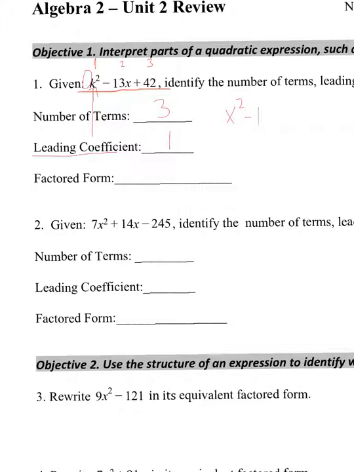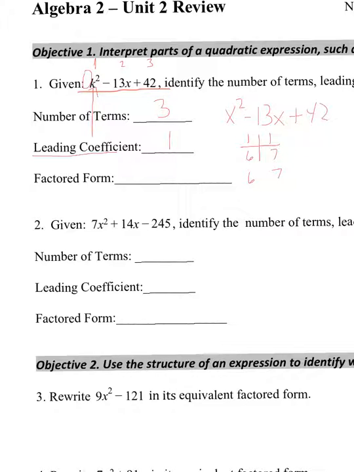x squared minus 13x plus 42. We have a value that's just 1, so we really don't need to worry too much about it. We're just looking for 2 factors of 42 that are going to add up to negative 13. Okay? And 42 is 6 times 7. So I've got a 6 and I've got a 7.